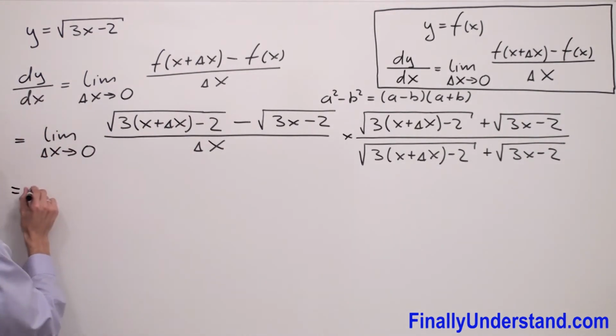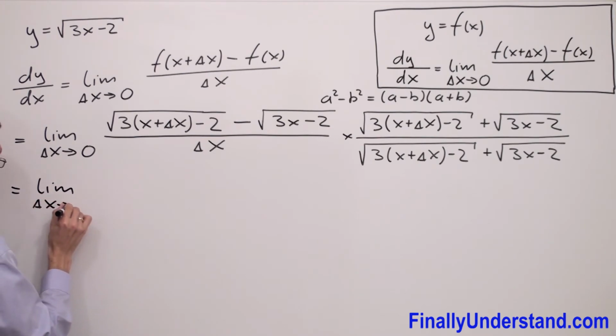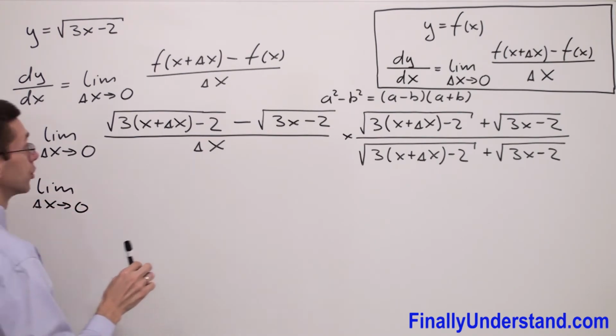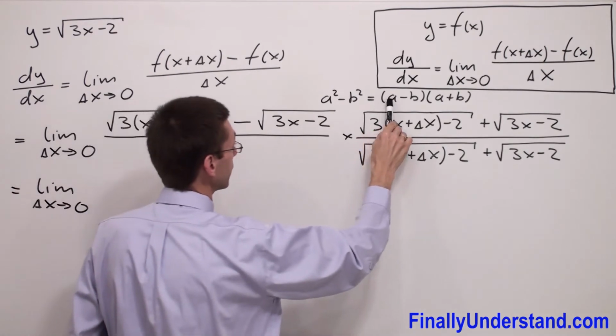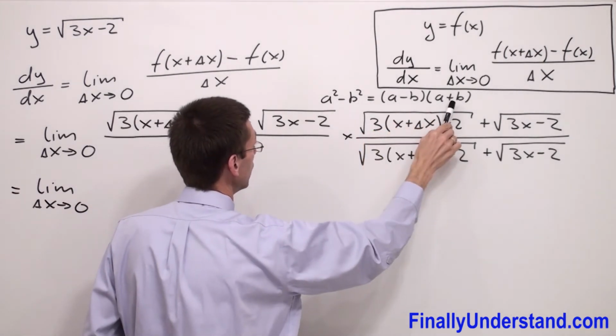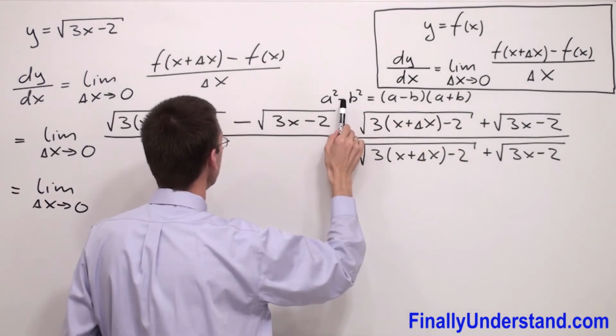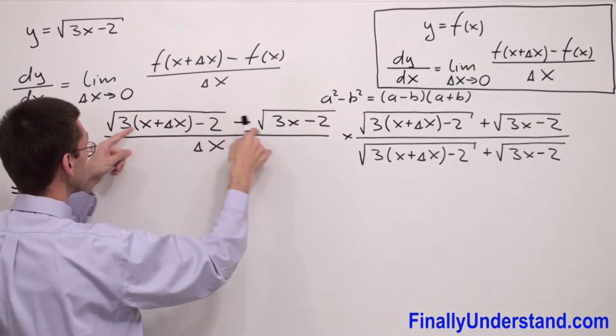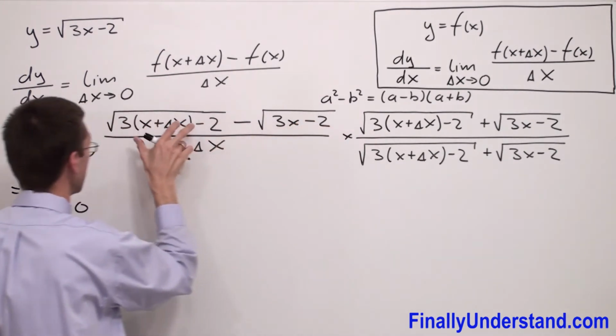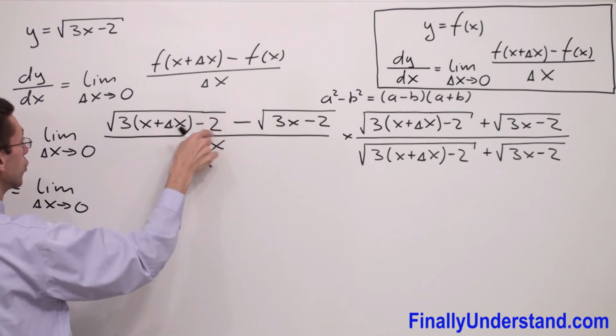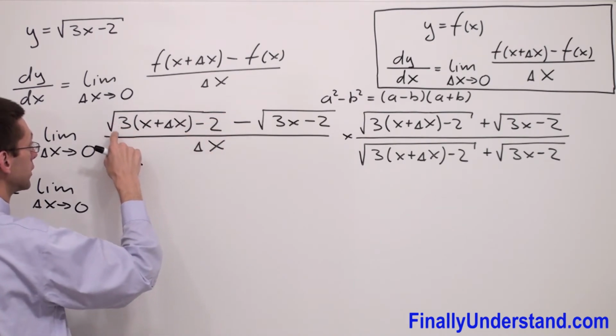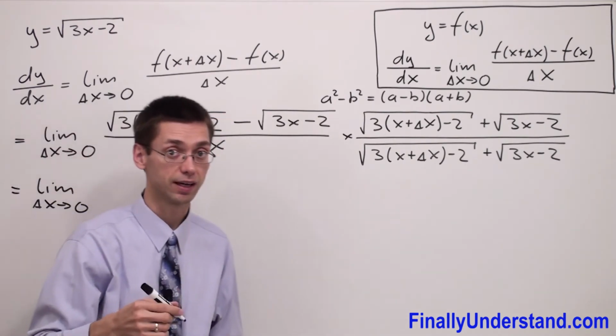Okay, so I can rewrite this as the limit as delta x approaches 0. So instead of writing this form, we can write this one. It means that I have to square my a. If I square the square root, automatically the square root is going to be cancelled.